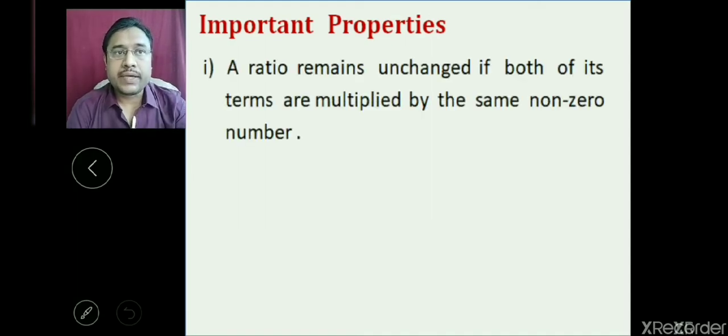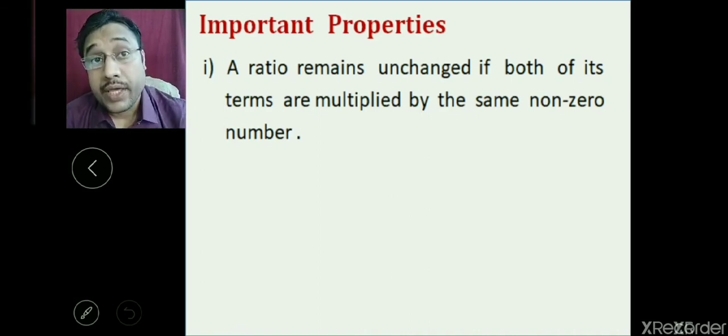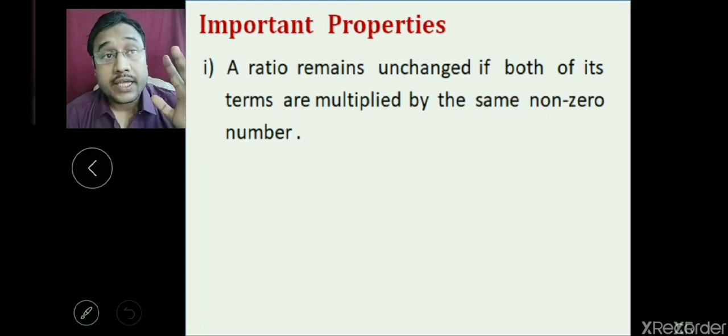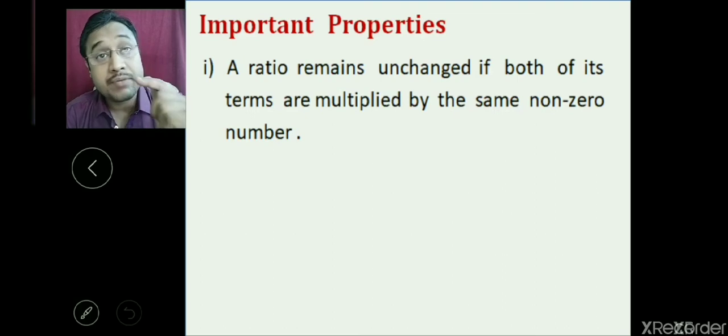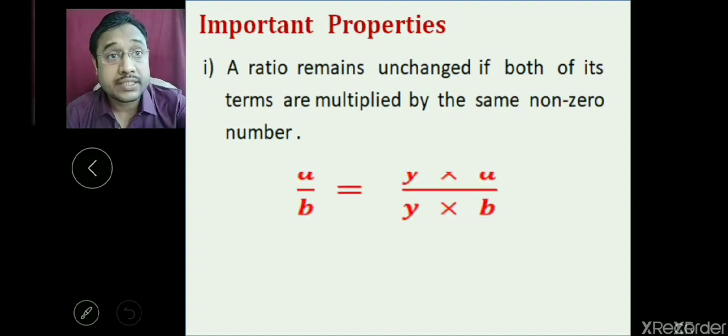A ratio remains unchanged if both of its terms are multiplied by the same non-zero number. That means the first term and the second term are multiplied by the same non-zero number. If you multiply by a different number, then it will change. But I am saying same non-zero, zero you will not take. For example, a by b is equal to y into a by y into b.